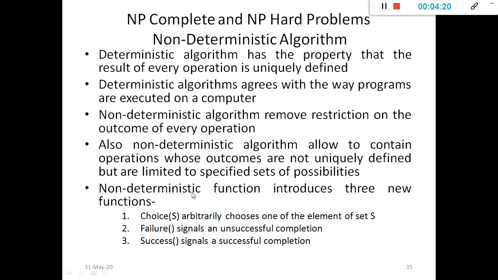Every non-deterministic algorithm includes these three functions: choice, failure, and success. Choice is any randomly chosen input from the set of inputs. Failure represents unsuccessful completion and success represents successful completion.